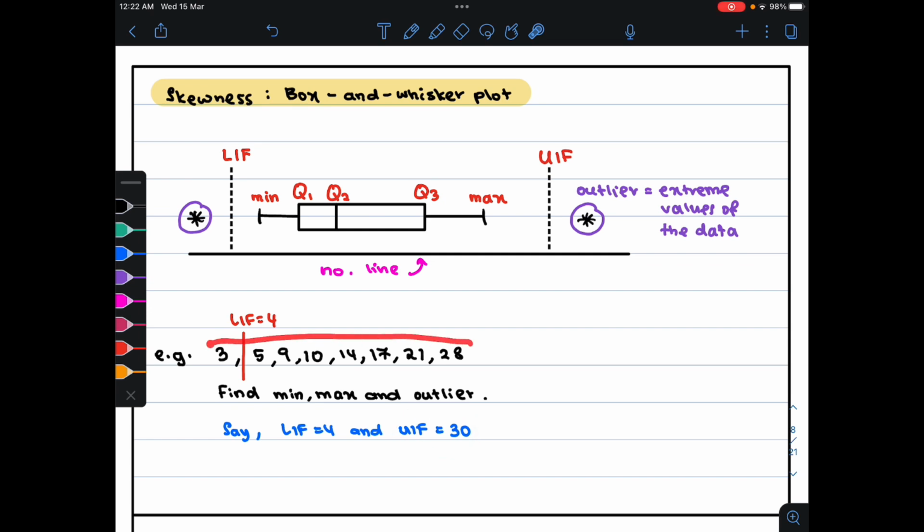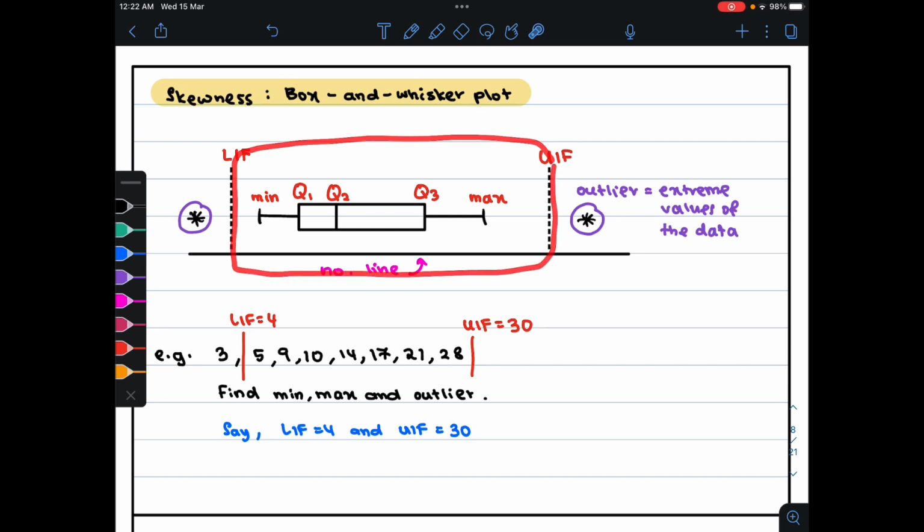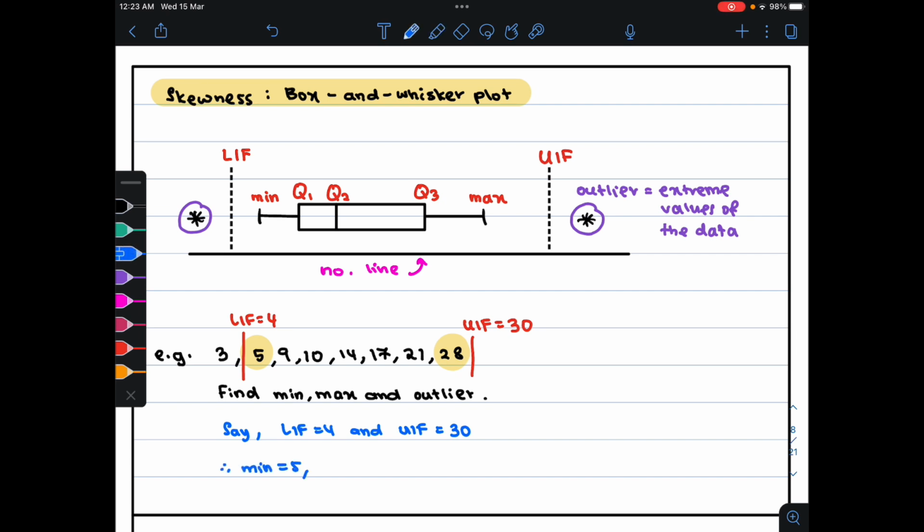So if you look at this data, 30 is after 28. Once you got the two fences, you can find the min and max. Note that the min and max will be just inside of your fences. Okay, so the min will be after the lower inner fence and the max will be just before the upper inner fence. So min is 5 and max is 28.